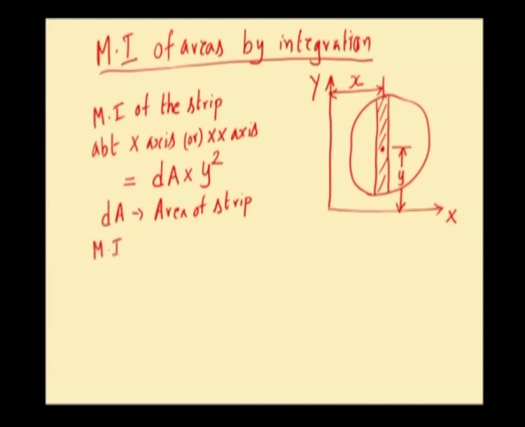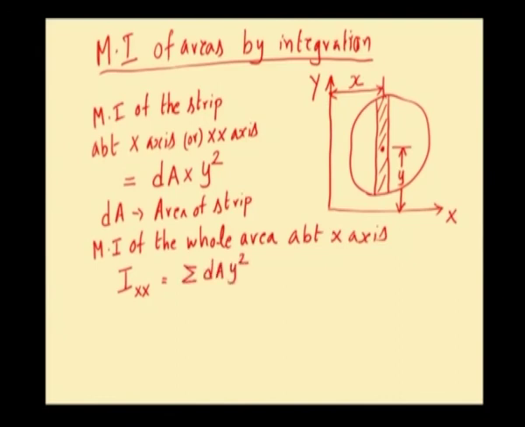We can calculate the moment of inertia of the whole laminar area, of the whole figure, about x axis. So, moment of inertia of the whole figure about x axis, Ixx, will be given by summation of dA into y square.